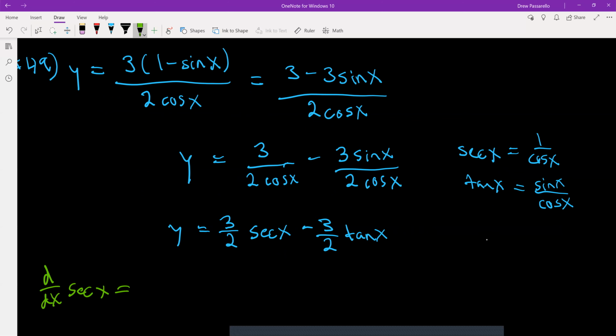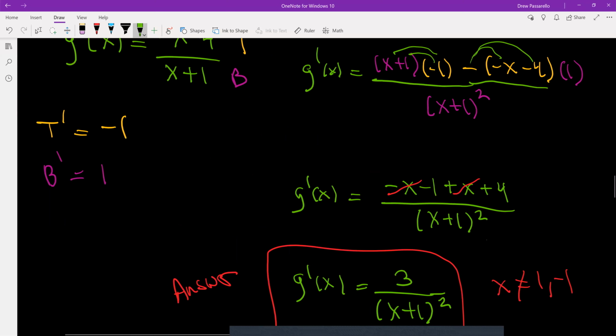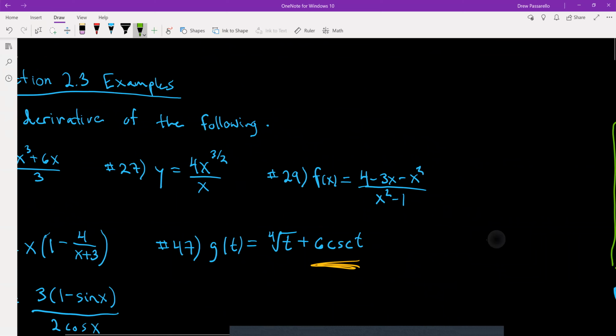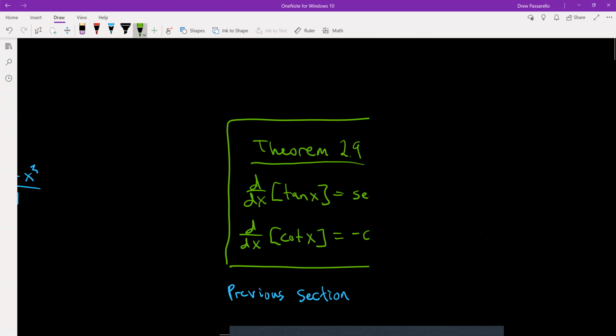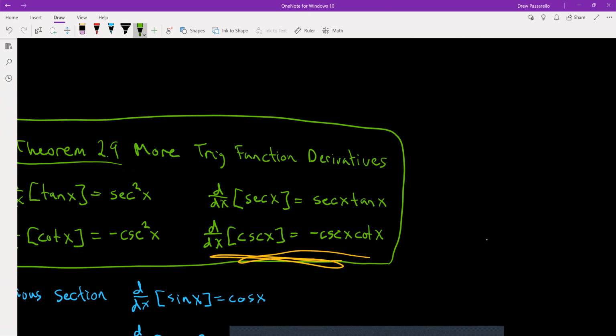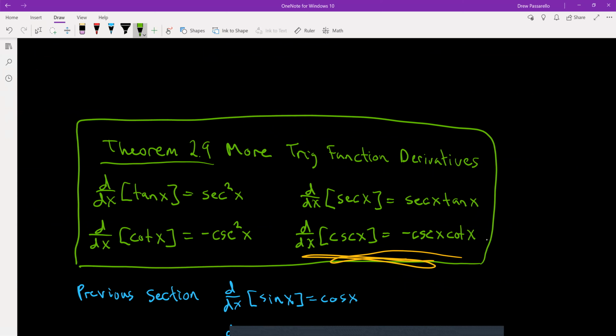And the derivative of secant, so if I go back up to the top of the page, the derivative of secant is secant tangent, and derivative of tangent is secant squared.